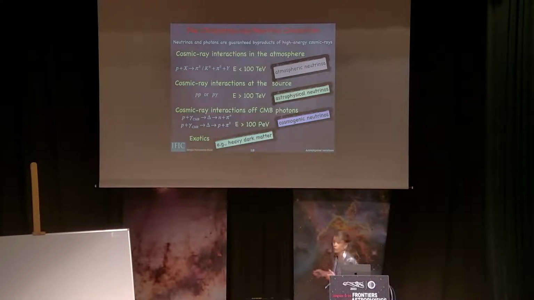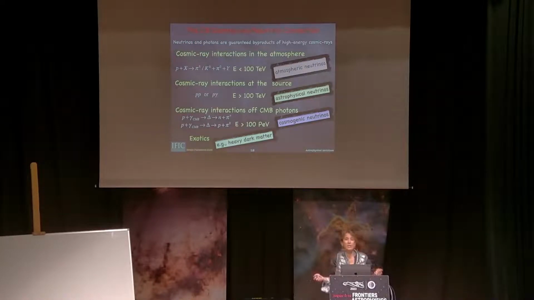We have also astrophysical neutrinos, which are produced by cosmic ray interactions at the source. When they are produced, they interact either in proton-proton or proton-gamma collisions. We will see this now in more detail. They have energies typically above 100 TeV. And then we have the cosmogenic neutrinos, which are those produced basically by the GZK mechanism, by interactions of protons with the CMB photons via the delta resonance.